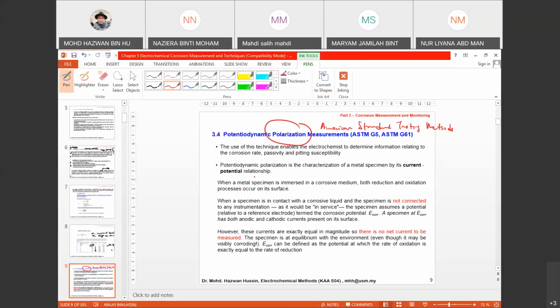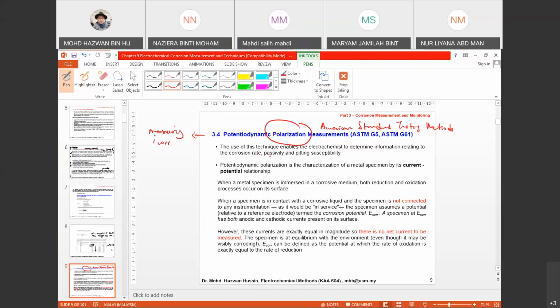Because during this process, what we are measuring is current density, measuring i_corr. So when you get i_corr, you can get the corrosion rate.